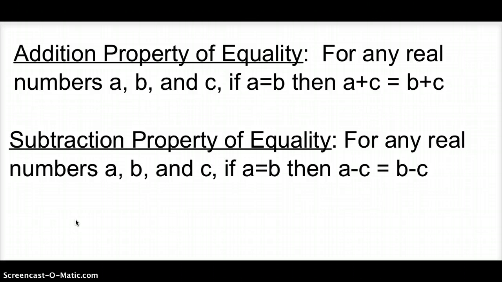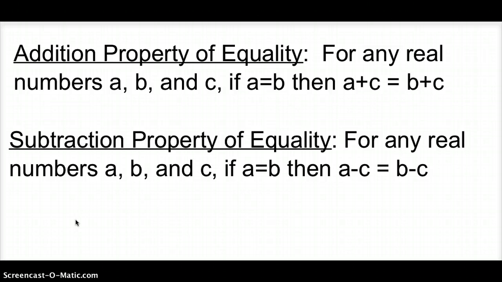And what that really means is if you have two sides of the equation that are equal to each other and you add the same thing to both sides, they will still be equal to each other. Think of it this way. If you had on the left side of the equation something that equaled 5, and on the right side of the equation you had something that equaled 5, so they're equal to each other at that point.